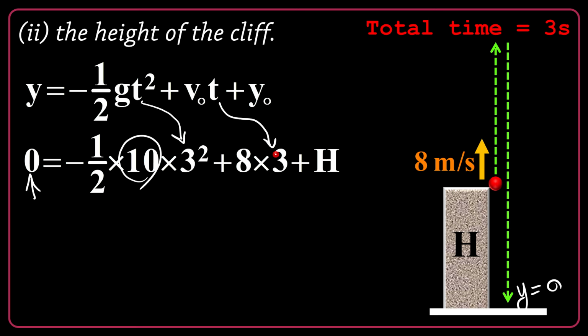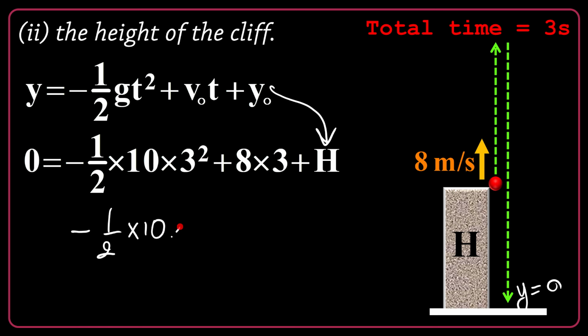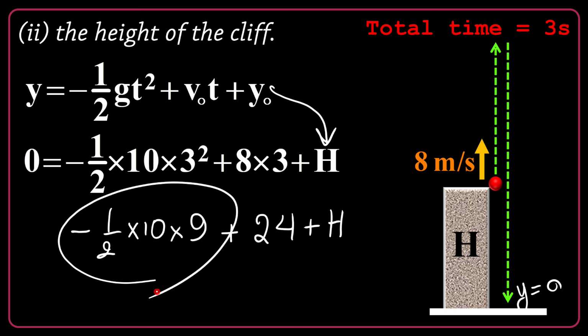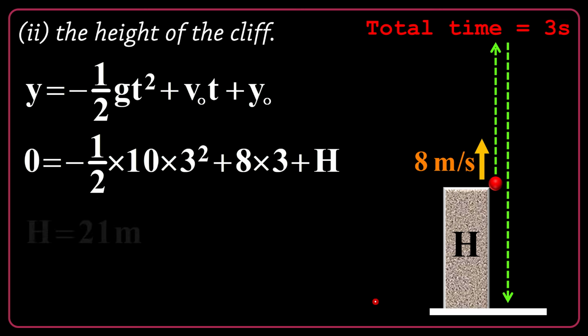Here also t is again 3, initial velocity is substituted with 8, and my goal is H. So let's check the quantities. Here I have negative a half of 10 times 9, plus 24, plus H. That's negative 45 plus 24 plus H, and it's equal to 0. Very good. So H will be 21. This is the answer for part II.